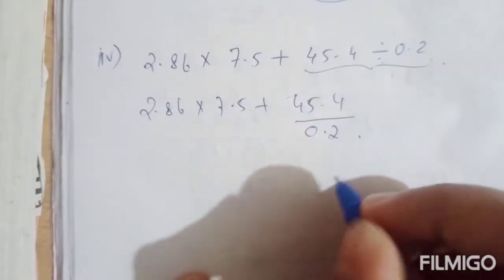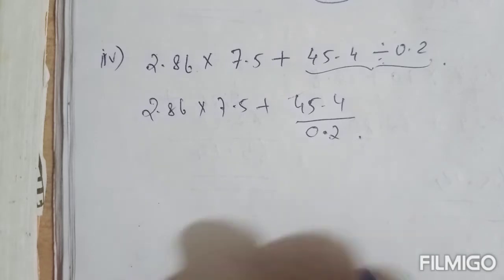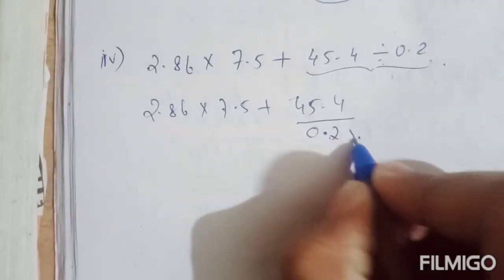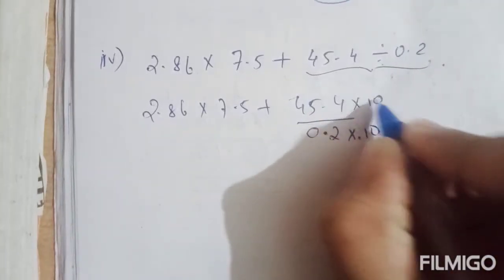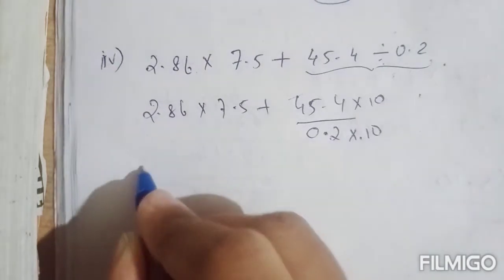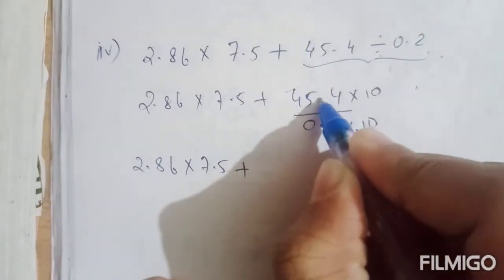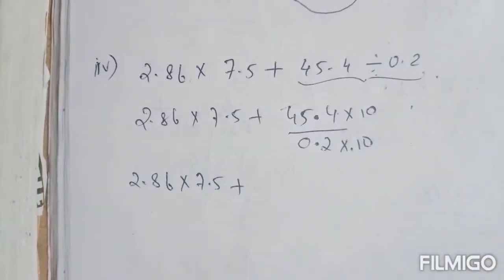So how can you divide this? Here we need to remove the decimal point from the denominator. Okay, after the decimal point, one digit is coming, so multiply both numerator and denominator by 10. So what you will get? 2.86 into 7.5 plus 45.4 into 10.